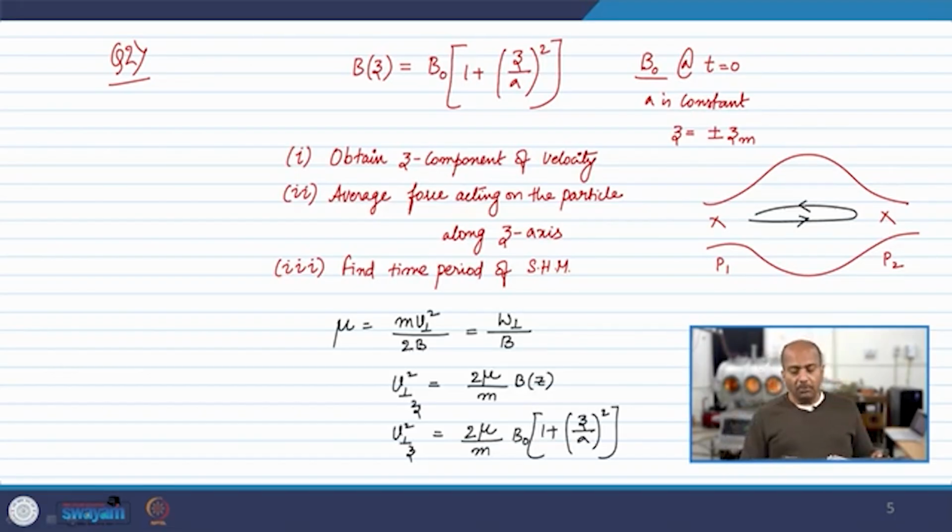So this is one example where we can use the basic ideas with which we have understood the magnetic mirroring and solve some interesting problems. So we learned how the magnetic mirroring works and also learned how to solve numerical problems based on magnetic mirroring. So the basic idea is the conservation of energy and the conservation of magnetic moment. Okay.